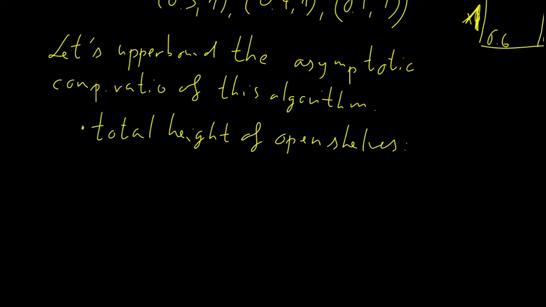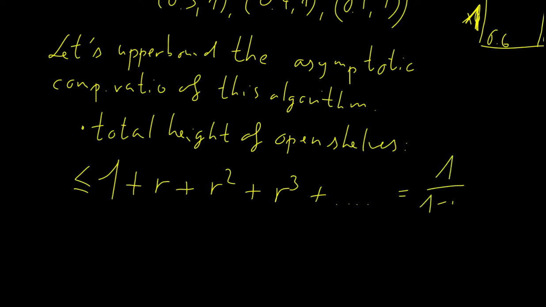So we can have a shelf of height 1 being open, and we can have a shelf of height r, and we also can have a shelf of r squared and r⁴ and so on. But since r is smaller than 1, we can have only one open shelf for each height at any moment. So that's just 1/(1 minus r).